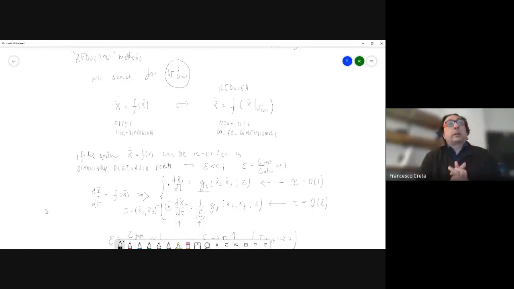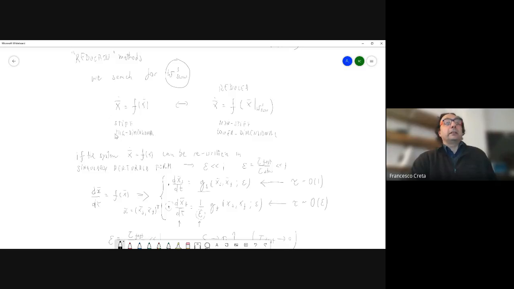So let me just make a little summary of what we saw on Friday. Essentially, we introduced the concept of these slow invariant manifolds, in Italian, varietà lenta.